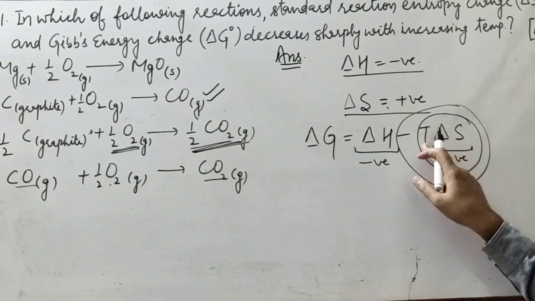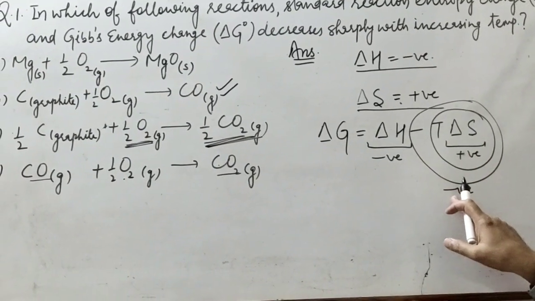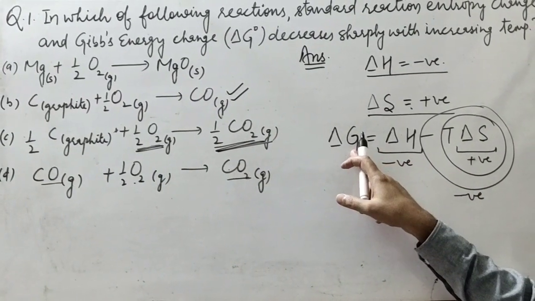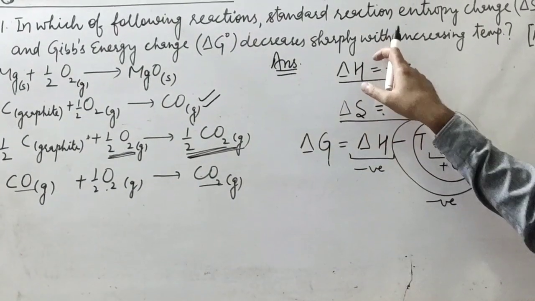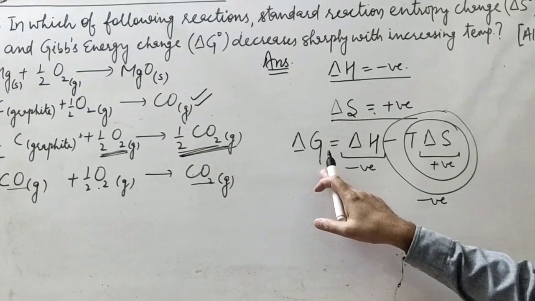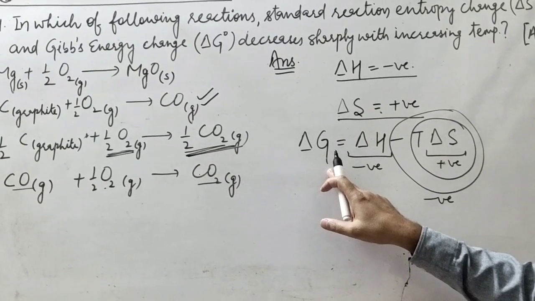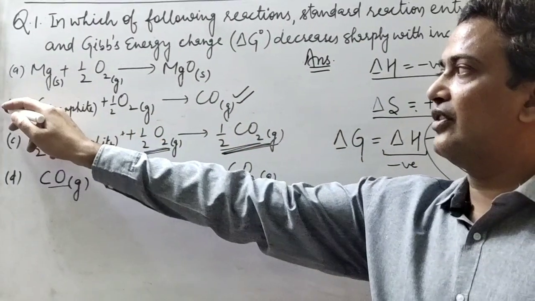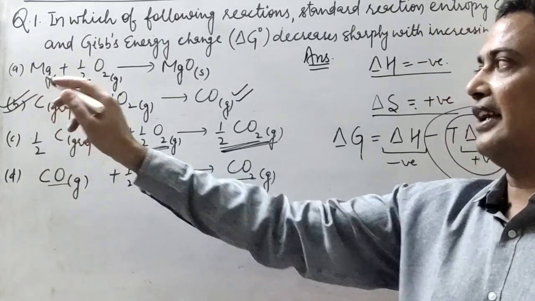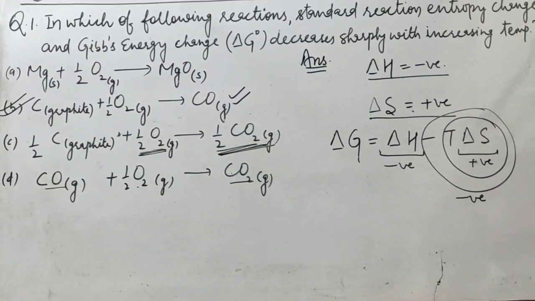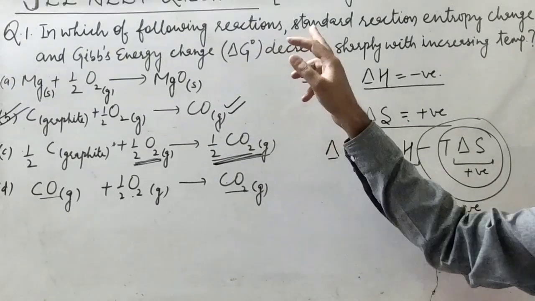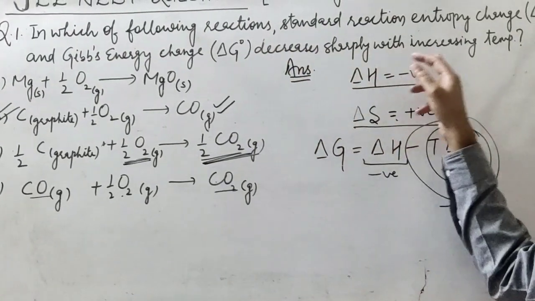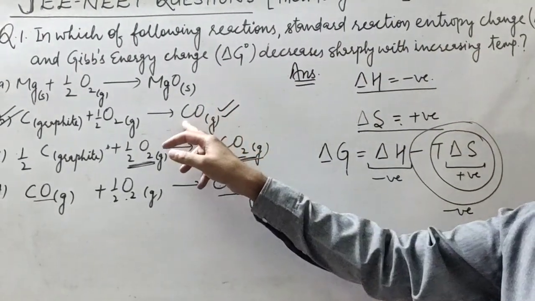So as you increase the temperature, this negative amount increases and delta G becomes more negative, meaning it decreases sharply with temperature. So your correct answer is B, in which entropy is increasing and delta G is going to be more negative, decreasing sharply with increasing temperature.